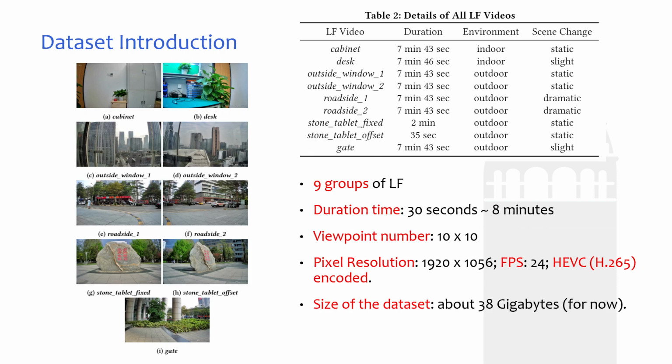The capture resolution of all video cameras is set to 1920 x 1056, and the frame rate is set to 24 fps. All streams are encoded by the standard HEVC codec set to the highest quality configuration. At the time of this presentation, the size of the dataset is about 38 GB.